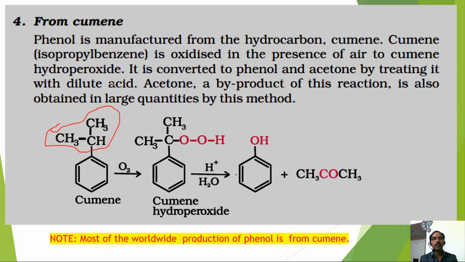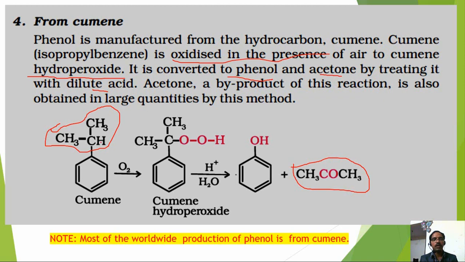It is oxidized in the presence of air to cumene hydroperoxide. Cumene hydroperoxide is converted to phenol and acetone by treating it with dilute acid. Acetone is the byproduct of this reaction.